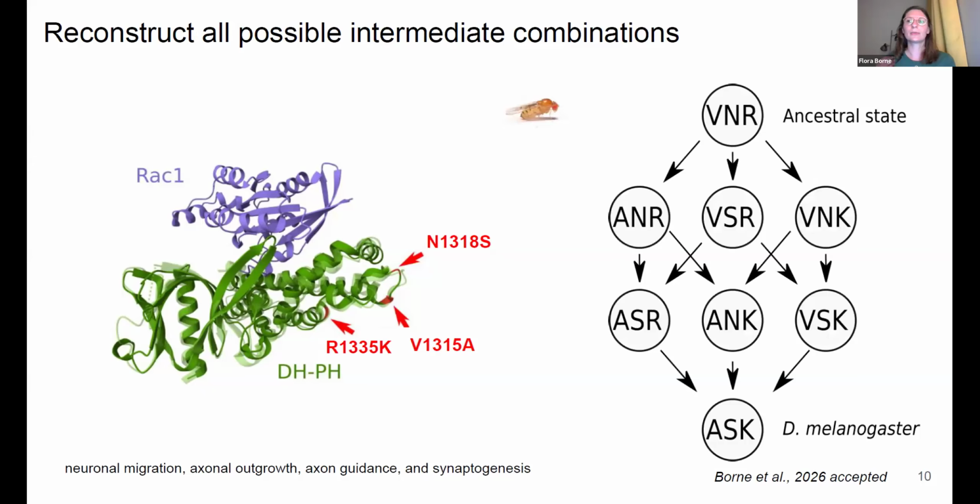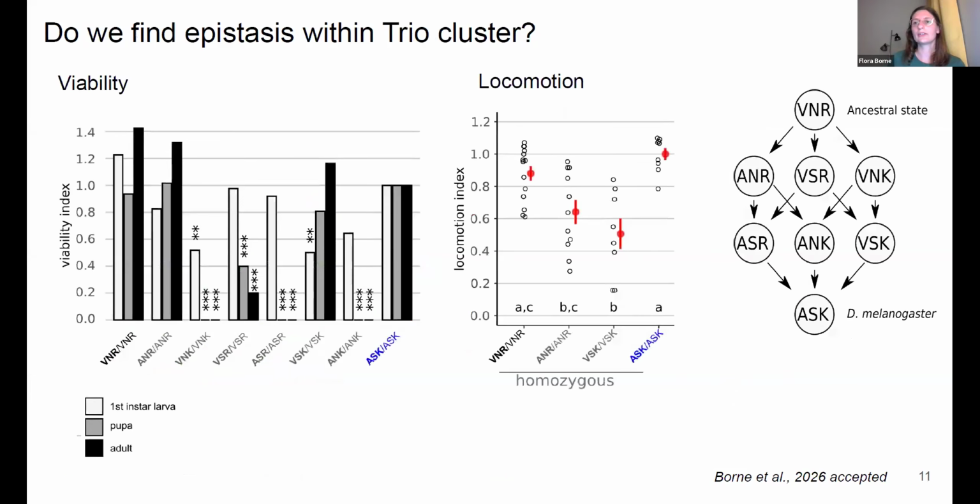And so what we did is that we used CRISPR to engineer all possible combinations of these three mutations into melanogaster flies. So we created those 8 engineered lines from the ancestral haplotype VNR to this melanogaster wild-type haplotype. And then we looked at the phenotype.